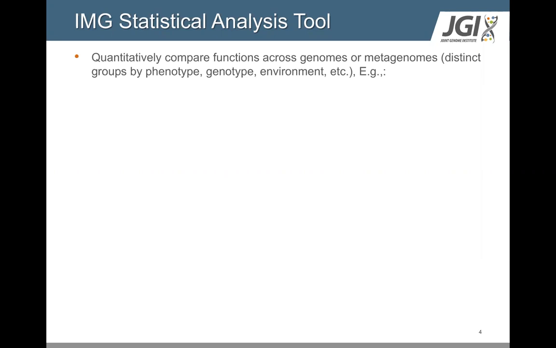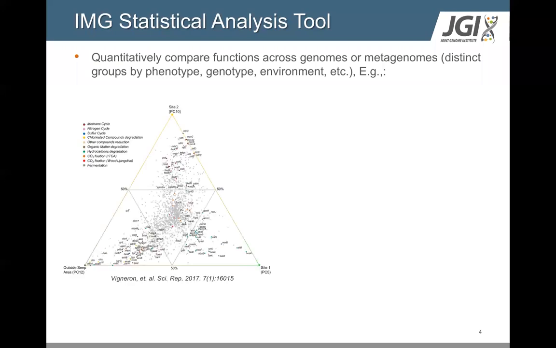Or you might have done a sampling expedition, and you have either time series or sampling depths or some type of discrete groups. Once you have those groups curated, you can then perform a statistical analysis of differences in gene counts assigned to functions.